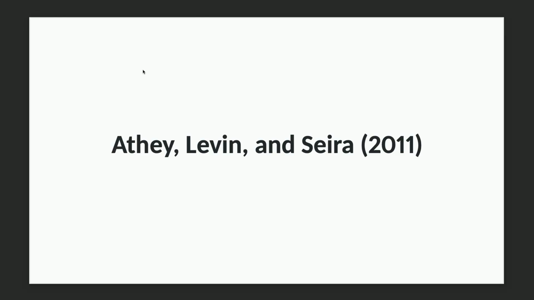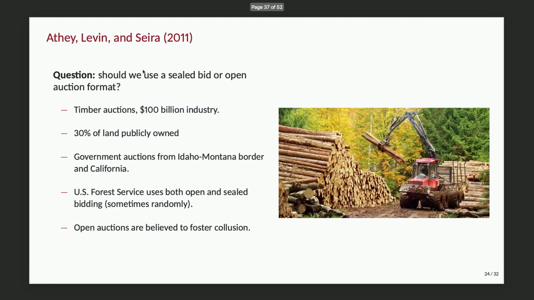Okay, so let me now talk about a really interesting application by Athey, Levin, and Seira. The question that the paper asks is, should we use a sealed bid or open auction format? Just to remind you, in some instances, the theory tells us it shouldn't matter because of revenue equivalence, right?